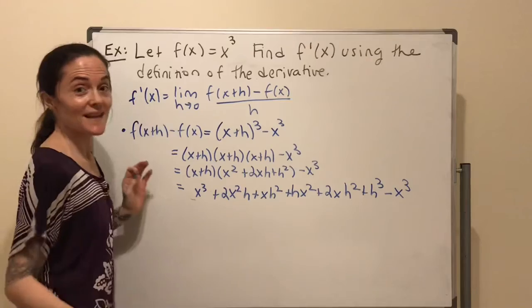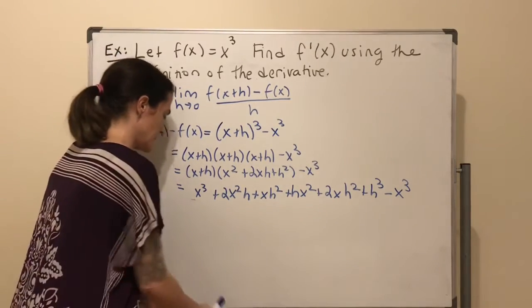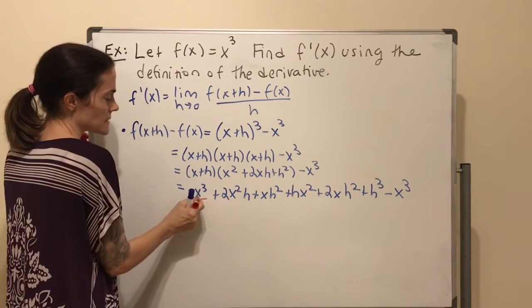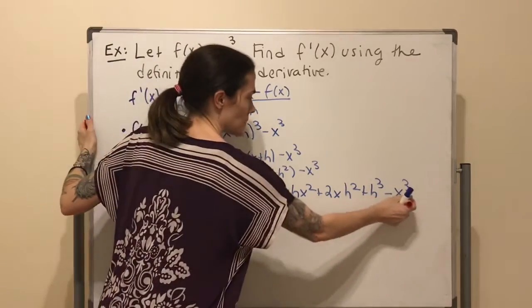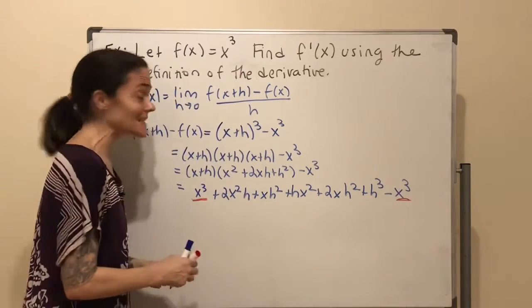Now I can simplify this a little bit. The only thing that adds to 0 is x cubed minus x cubed, but I can combine.